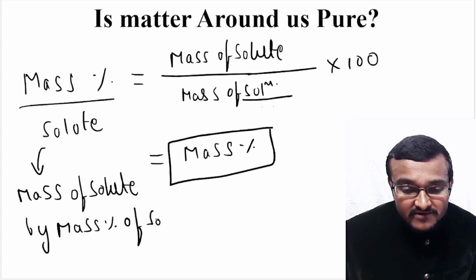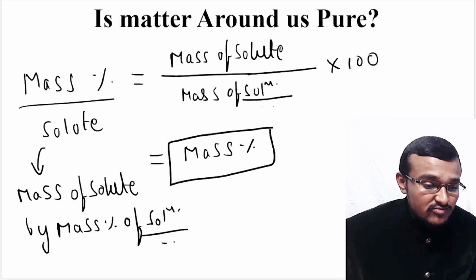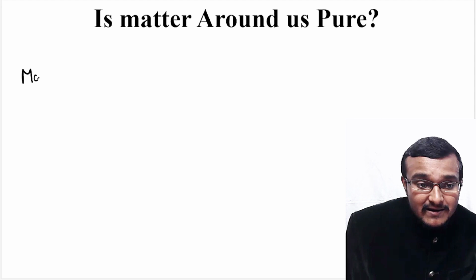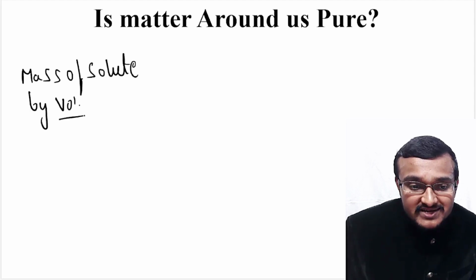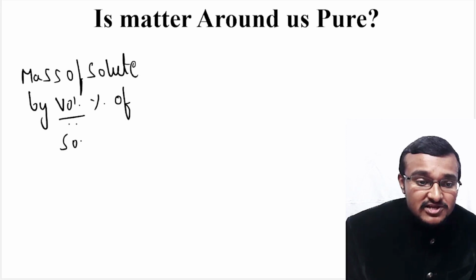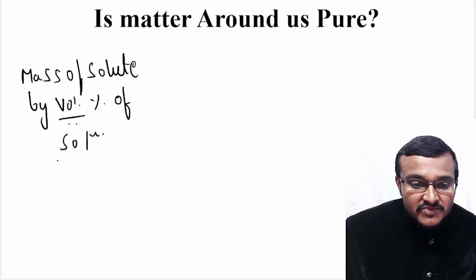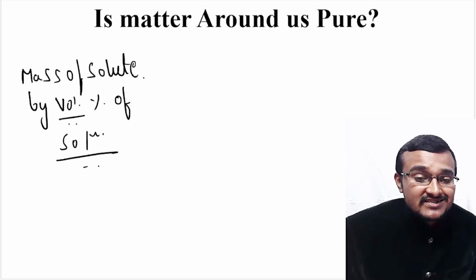Mass percentage of solution. Now there is one more term called mass of solute by volume percentage of solution. So how do you calculate it? Here you are considering the volume of solution and the mass of solute.